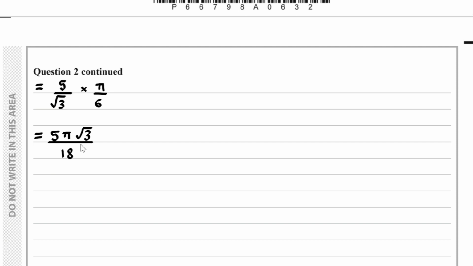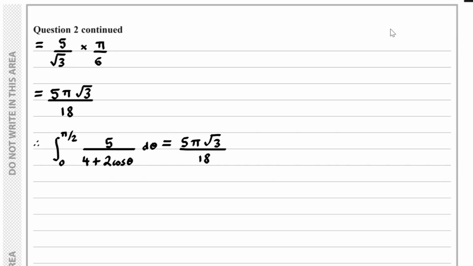So this is the value of the original integral. So the integral of 5 over 4 plus 2 cos theta d theta in between 0 and pi over 2 is 5 pi root 3 over 18 in exact form.